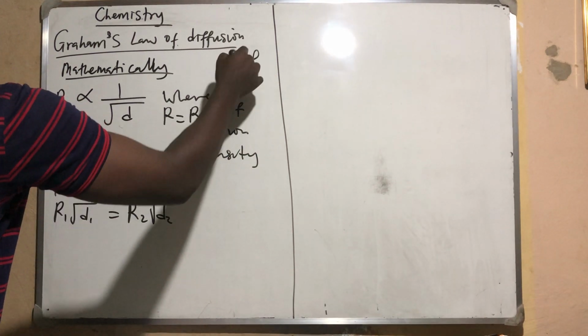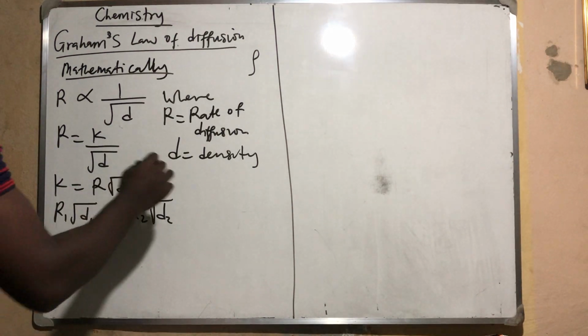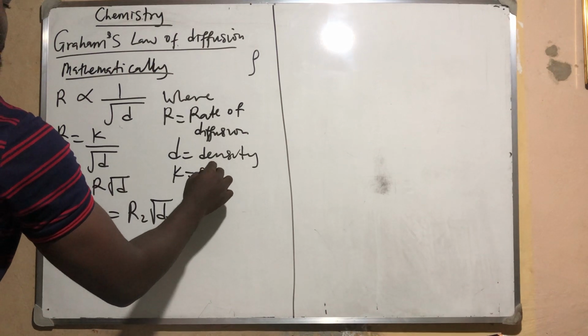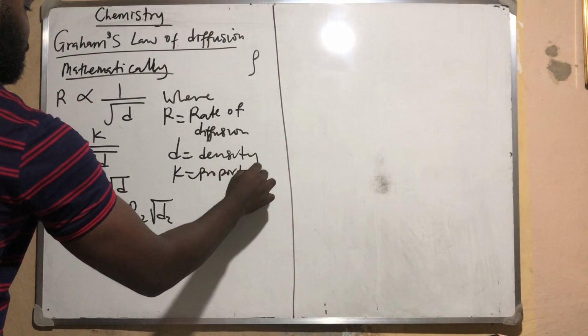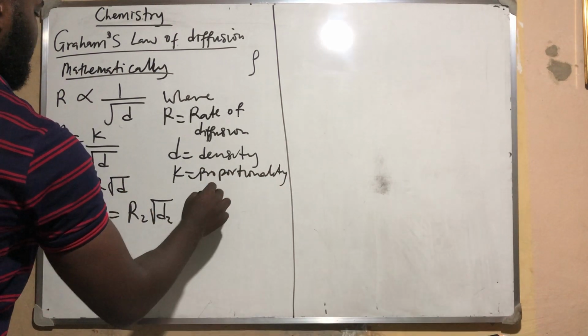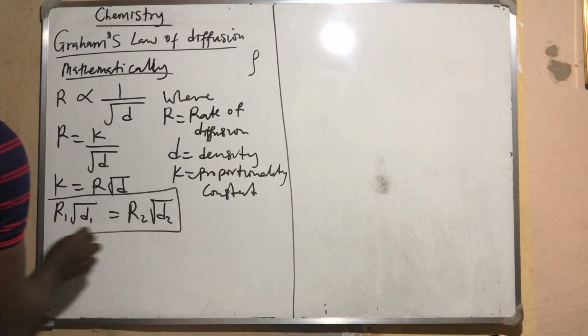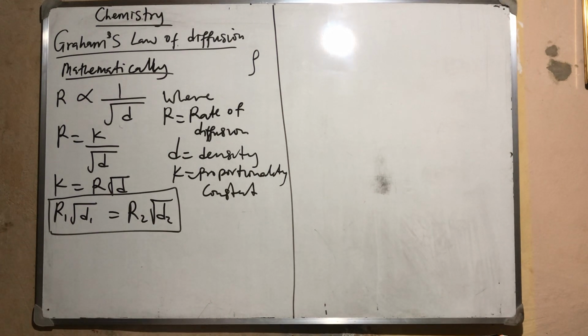Density is supposed to be rho, but let's just use D as density. Then K is the proportionality constant. So this is one of the important formulas to note for Graham's law of diffusion.